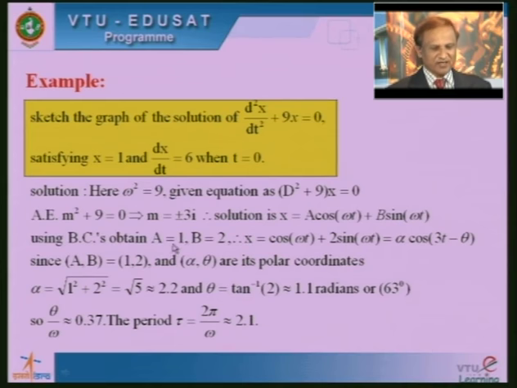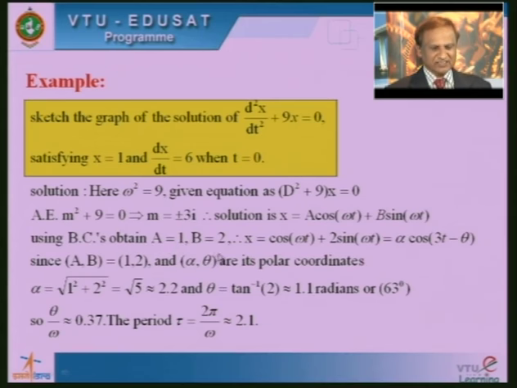What is the value of a? I hope you will get 1. It is very simple. In the given solution, replace x by 1, t by 0, sin 0 is 0, cos 0 is 1, that is why we will get a is equal to 1.